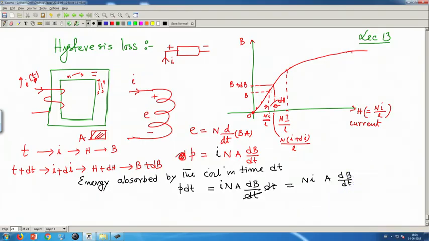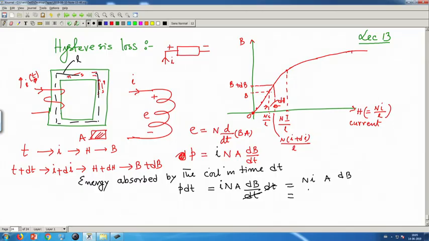Then what you do, you multiply this with the mean length of the magnetic circuit L. So, multiply and divide.